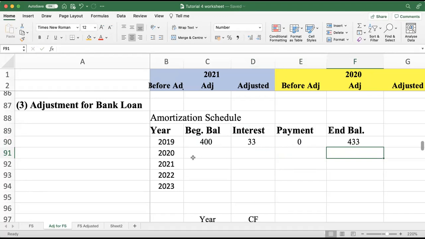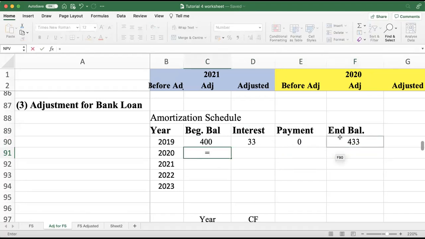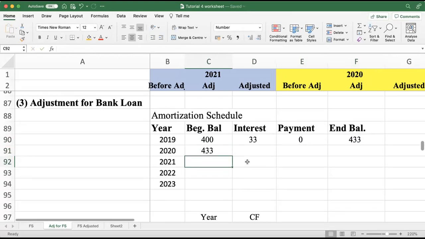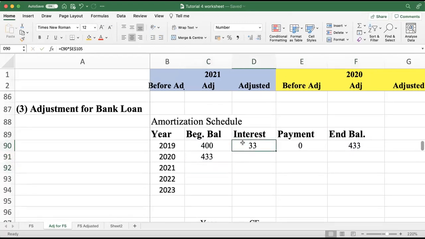Then 2020 beginning balance, 433. Interest equals beginning balance multiplied by the effective interest rate, you get 35.